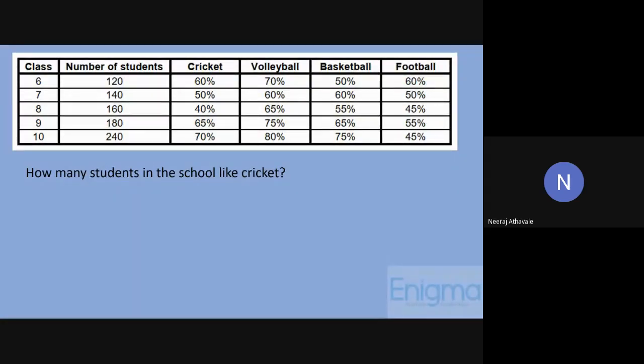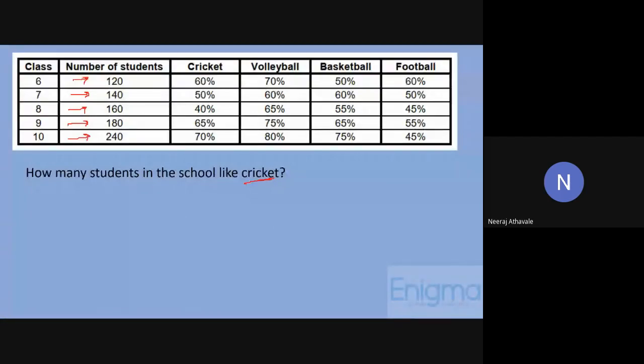You can get such a big table. Here the focus is on cricket, and it is basically about these students. The faster you can calculate, the better.